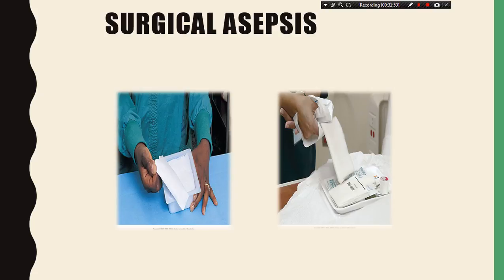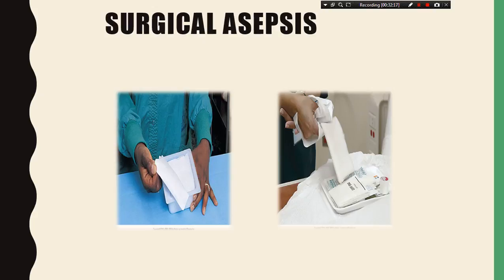Surgical asepsis or sterile technique prevents the contamination of an open wound, maintains sterility in the operating room, and eliminates all microorganisms, including spores. Examples of procedures that require sterile technique include urinary catheterization, central venous catheter insertion, and sterile dressing changes.